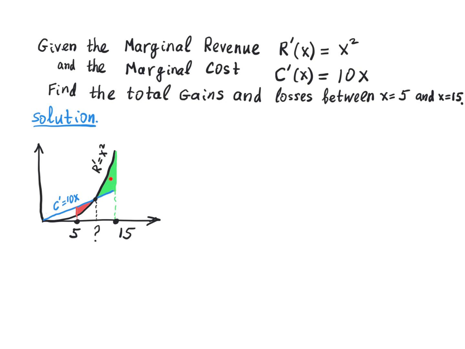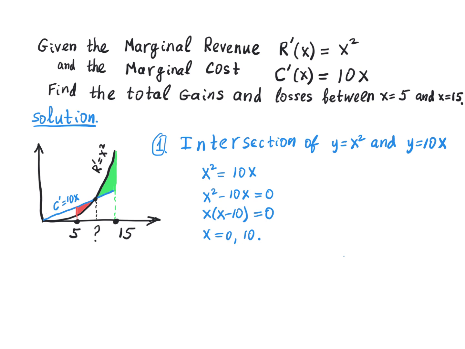We can compute this area using integration, but first we need to determine where this green area starts. It starts from what x value? So first we need to find the intersection of the marginal cost curve and the marginal revenue curve. For that, we set the marginal revenue and marginal cost equal.